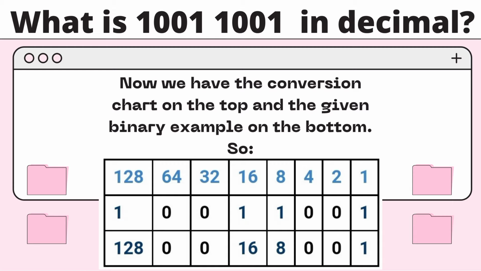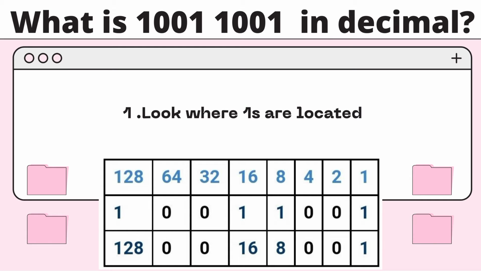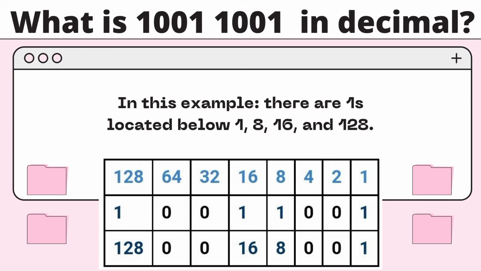Now we have the conversion chart on the top and the given binary example on the bottom. So, number 1. Look where the ones are located. In this example, there are ones located below 1, 8, 16, and 128.